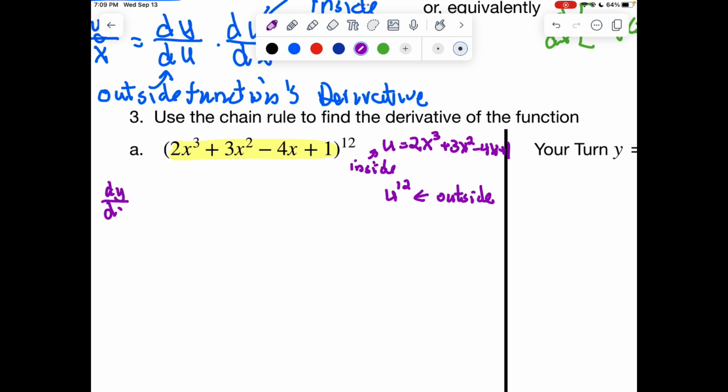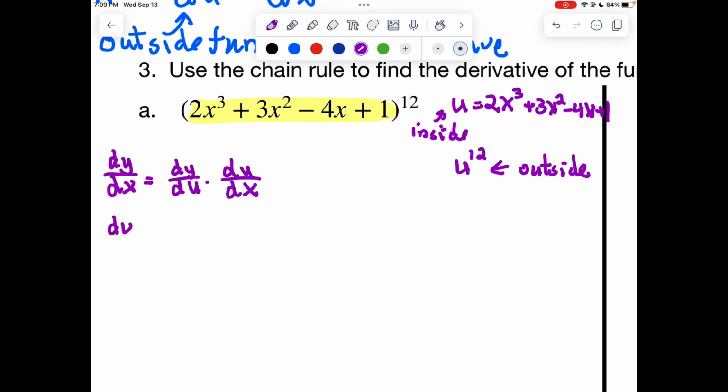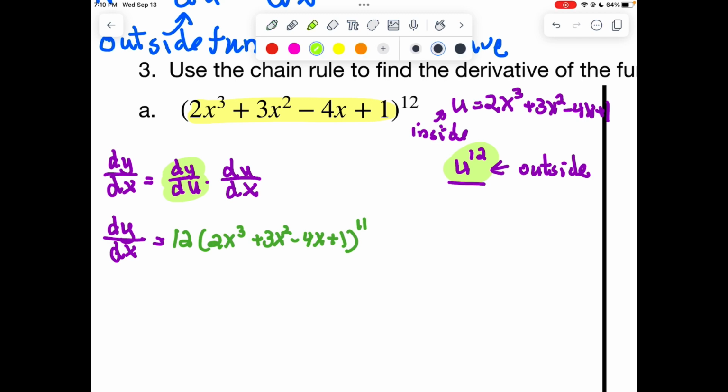So to find the derivative of y with respect to x, we're going to differentiate that u to the 12th. The derivative of y with respect to u is going to be the derivative of u to the 12th, which is 12u to the 11th, and I'm going to write u as that 2x cubed plus 3x squared minus 4x plus 1. That's the outside derivative. Then I need to multiply this by the derivative of the inside function, the derivative of u with respect to x.